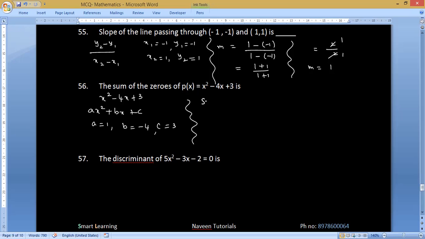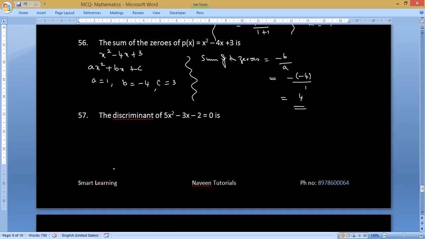So the sum of the zeros is equal to minus b by a, minus of -4 by a, which is 1. Minus into minus is plus, 4 by 1 is 4. So the sum of the zeros is 4.